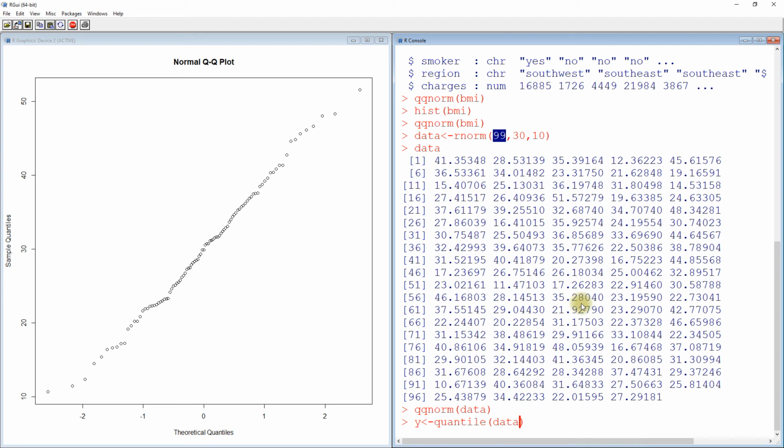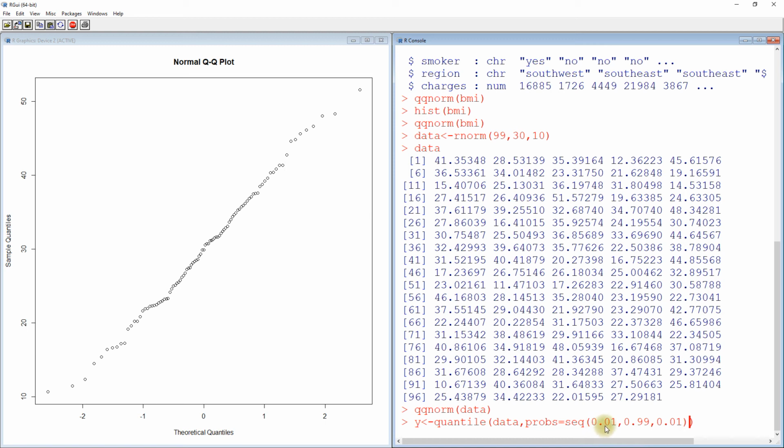But I'll show you something here. If I do prob equal to the sequence of 0.01, comma 0.99, comma 0.01, what does this mean? It means that I'm computing the quantiles for that data starting from the 1% quantile up to the 99% quantile in steps of 0.01.